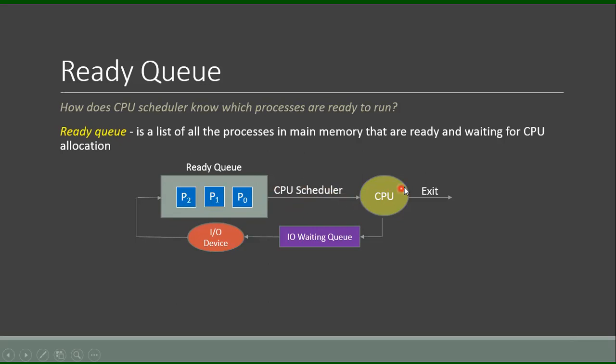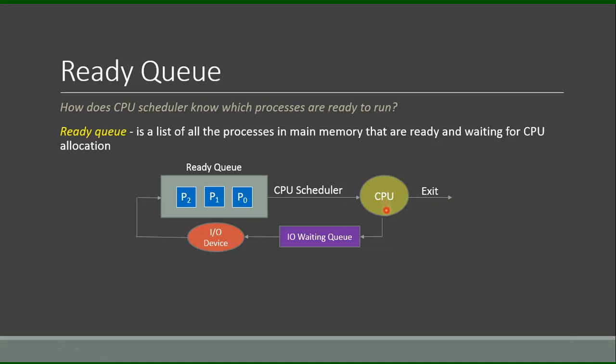Now, during the execution of P0, considering our two-stage process execution model, there are two possibilities. The first possibility is that either process completes its execution and it exits from the system.